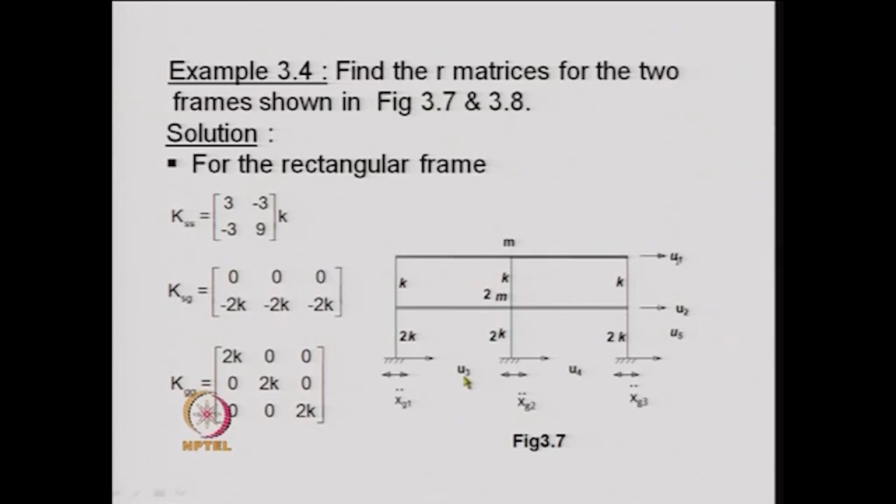Here we have seen that if we want to write down the equation of motion in state space form, we have to generate the A matrix, and that A matrix contains CSS or C by M. So, the C matrix must be known. That is the first thing that we do for the entire structure. Now, we obtain the C matrix.